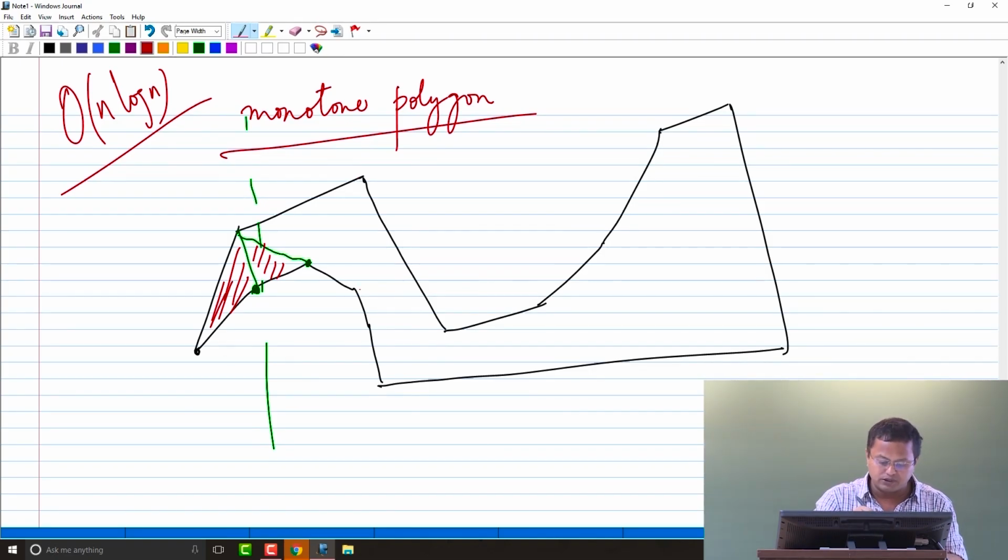Then again comes the next one. Can you draw? No, you cannot draw to anything to the left. Then again something comes, cannot draw. Then again something comes. Now, something might happen like this, that this might even go up a little bit, right. Then there can be a situation where you can draw a diagonal to the same chain.